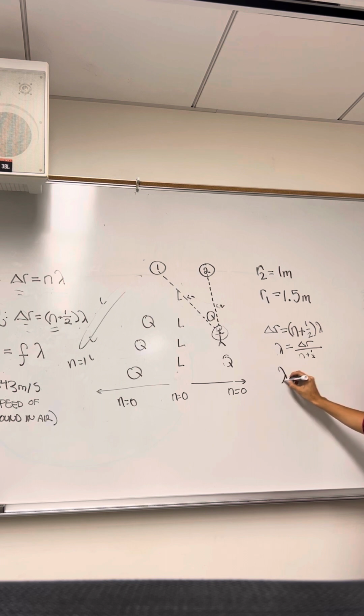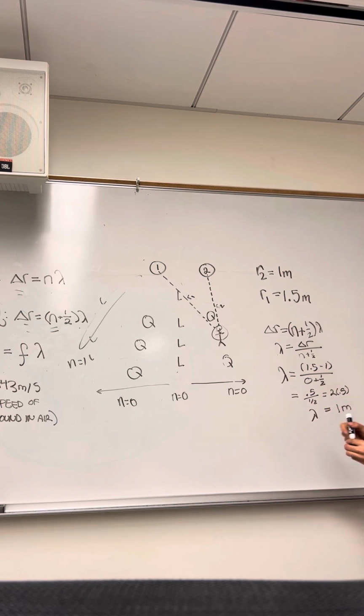So we have lambda equals 1.5 minus 1 over 0 plus 1/2. This works out to 0.5 over 1/2. This all works out to 2 times 0.5, which is 1. Okay, so this means that our lambda is 1 meter.